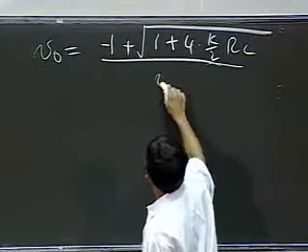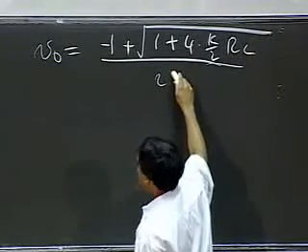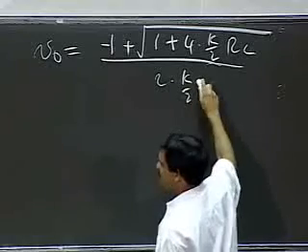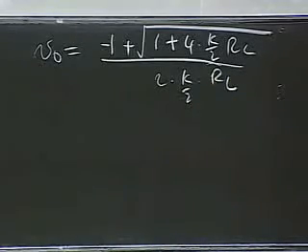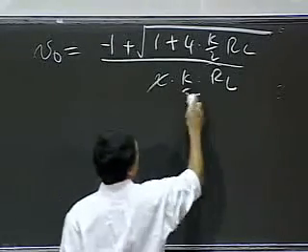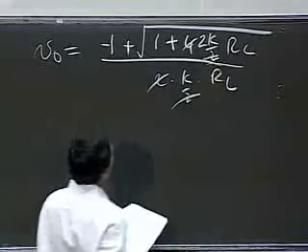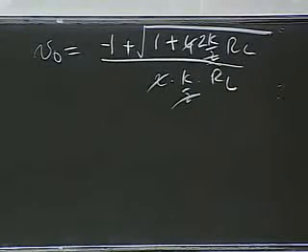And 2a is simply 2 times K divided by 2 RL. So that's what I get, and that gives me V naught.